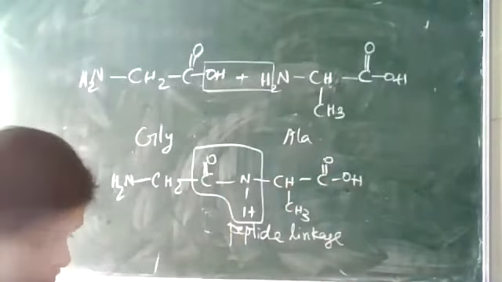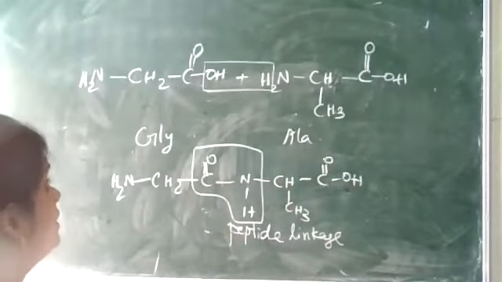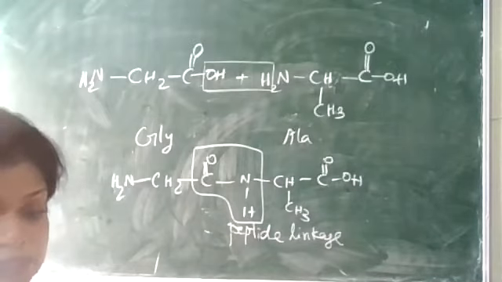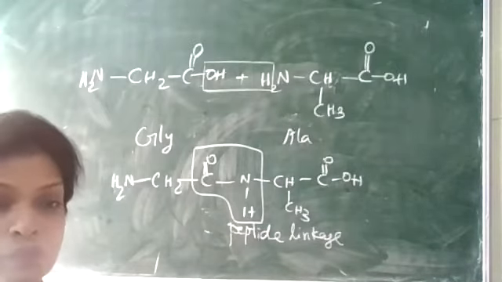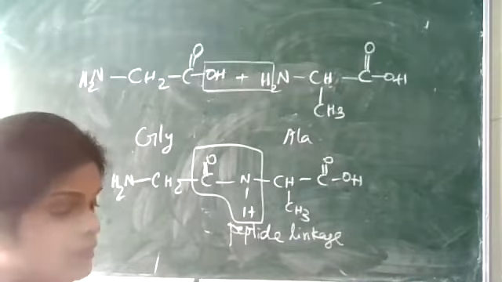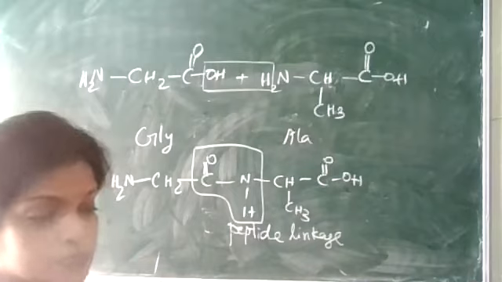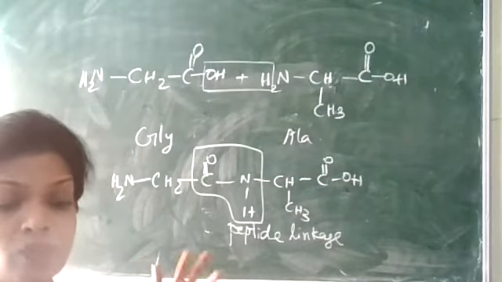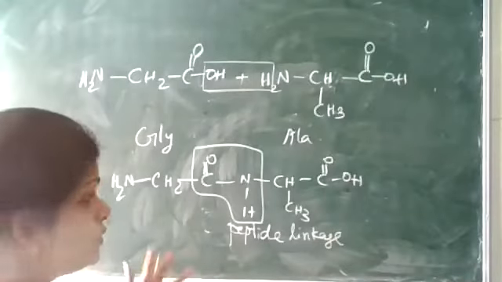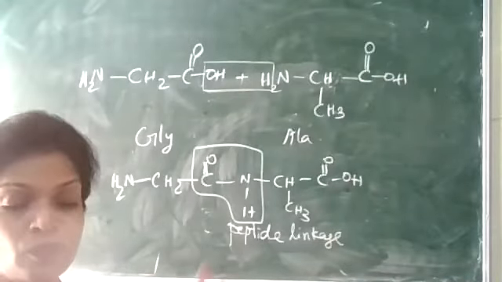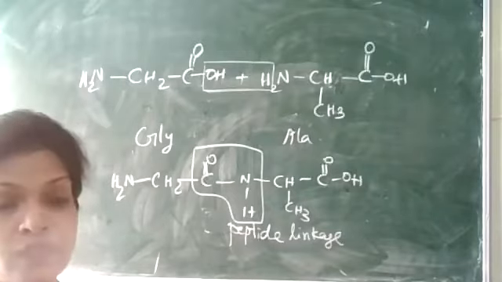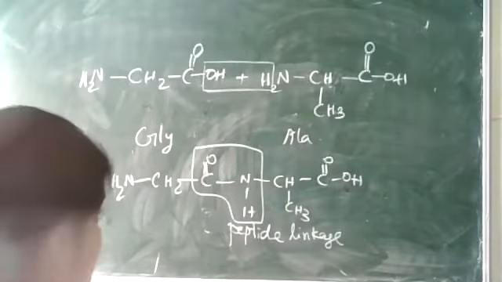So write down: a dipeptide, what is a dipeptide? Two amino acids are joined. Tripeptide, three amino acids are joined. Tetrapeptide. 2 to 10 we say oligopeptide, O-L-I-G-O. If more than 10, polypeptide; if more than 100, then proteins.